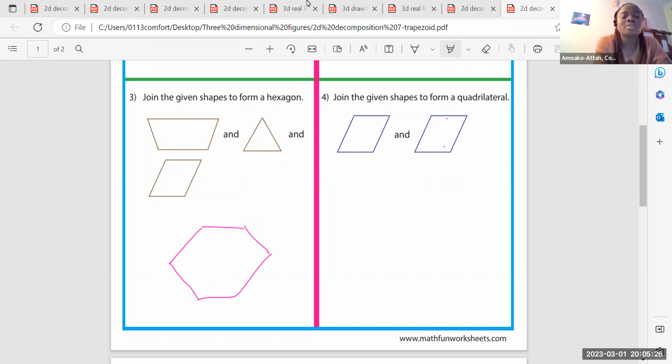You can get this shape from here. Basically you are getting it like this. Then you have your parallelogram and your triangle. You cut it out like this, so there's a parallelogram and there's a triangle. So now I've been able to join the shapes to form a hexagon.